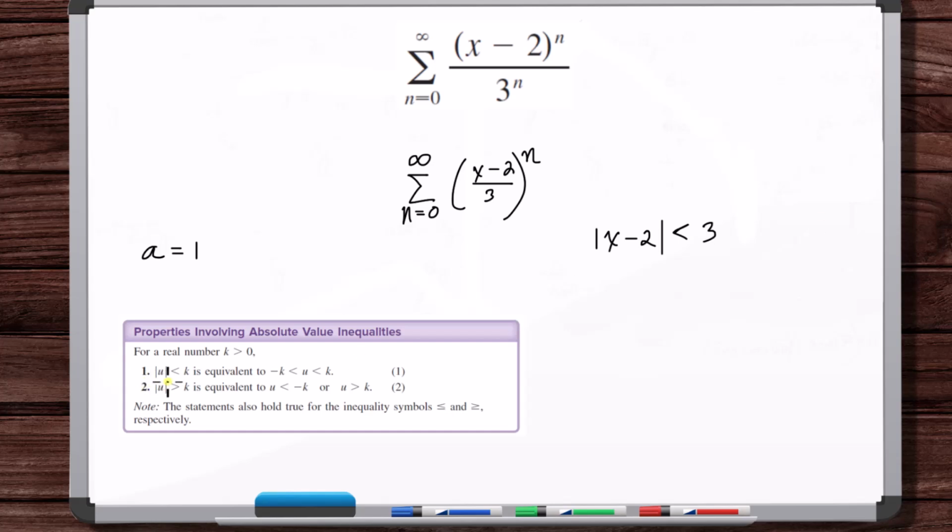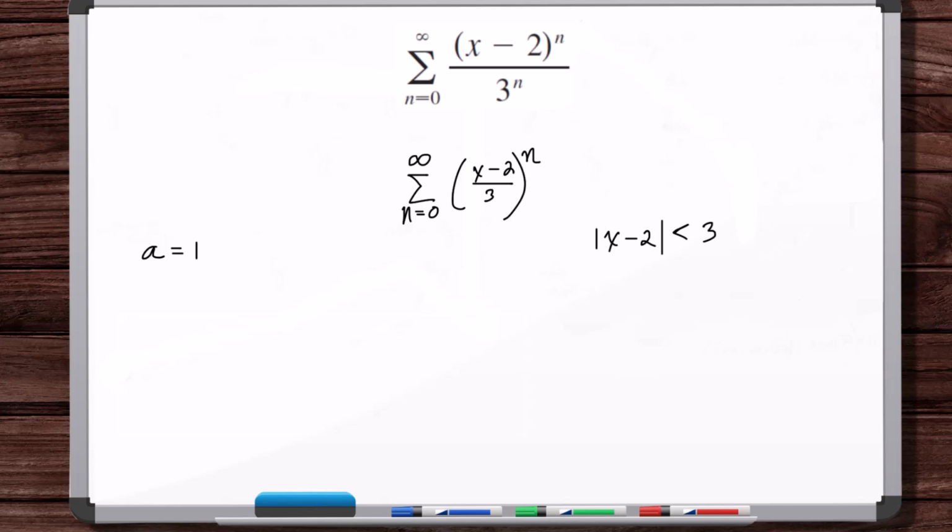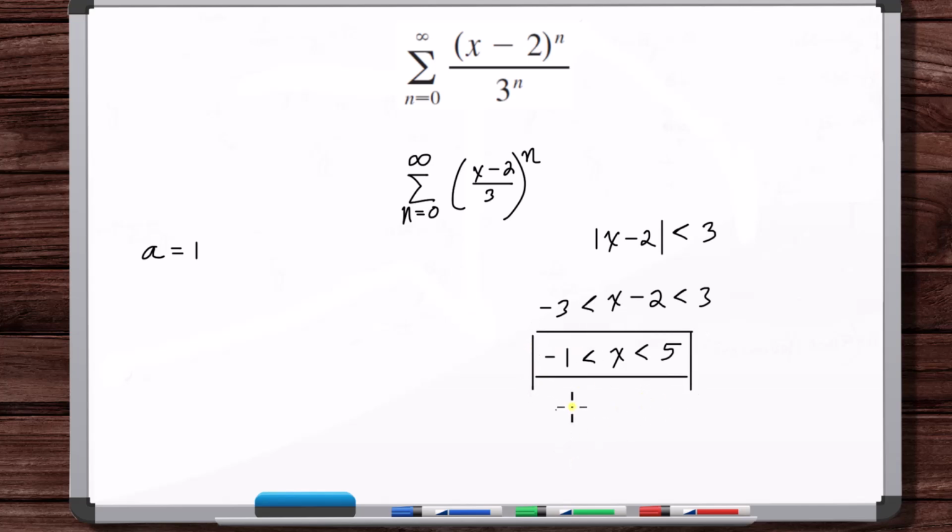We've got the expression is less than the number, so it's the same as before. That's going to be minus 3 less than x minus 2 less than 3, the compound inequality. Now we want to add 2 to all sides of this. So minus 3 plus 2, and then 3 plus 2. There we go. So that's the range of x's. Not equal to 5, not equal to minus 1, but just between that.